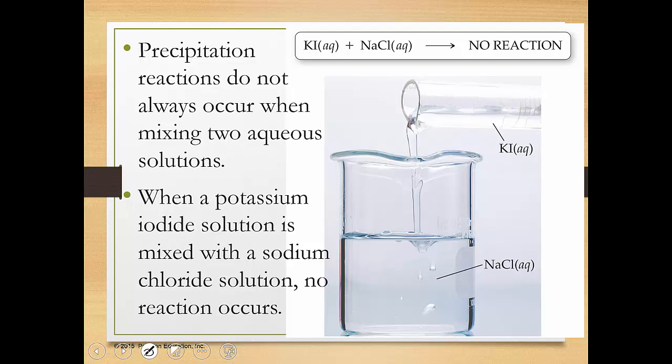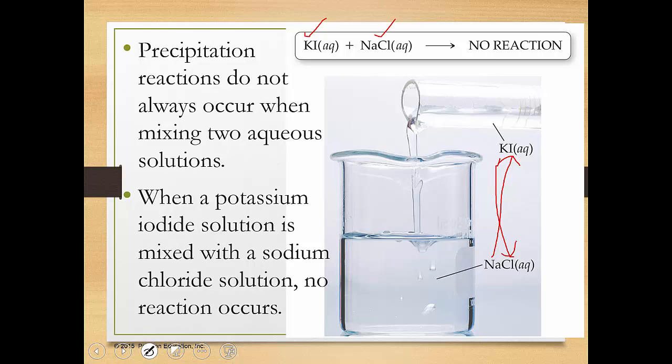Now, that doesn't always occur. We need to use solubility rules to predict whether or not anything would happen. For example, if we take potassium iodide, which is aqueous in solution, and sodium chloride, and put them in solution, theoretically I could rearrange the ions and partner swap here. I could put the sodium with the iodide and the potassium with the chloride.